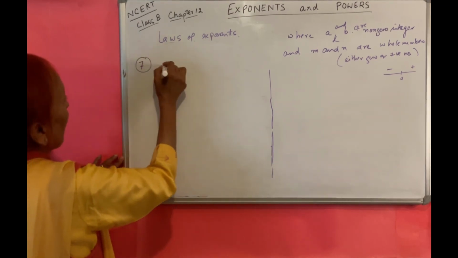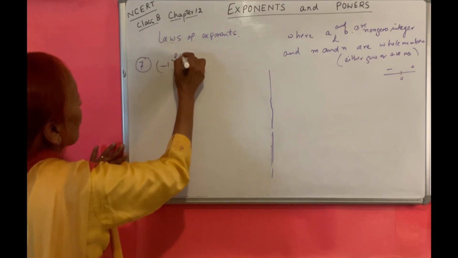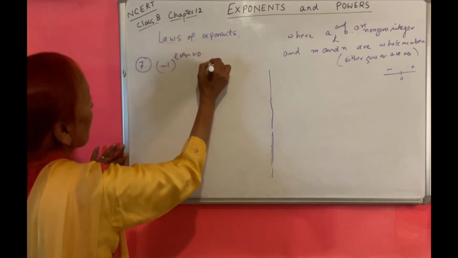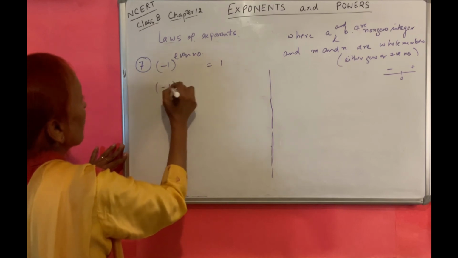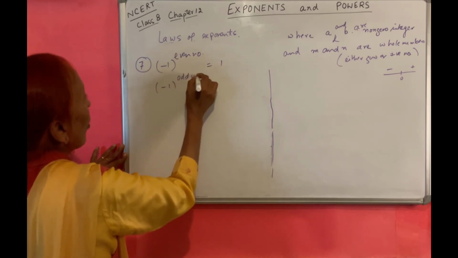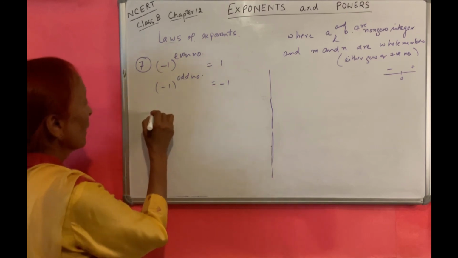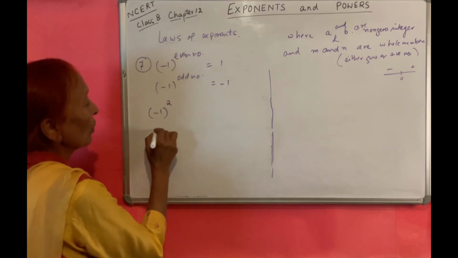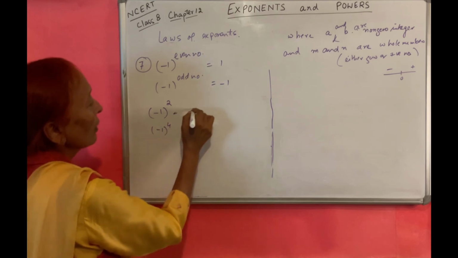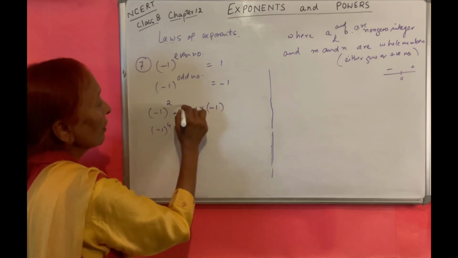Next is minus 1 raised to power even number is 1 and minus 1 raised to power odd number is minus 1. So first we will take even number 2, this is minus 1 into minus 1.